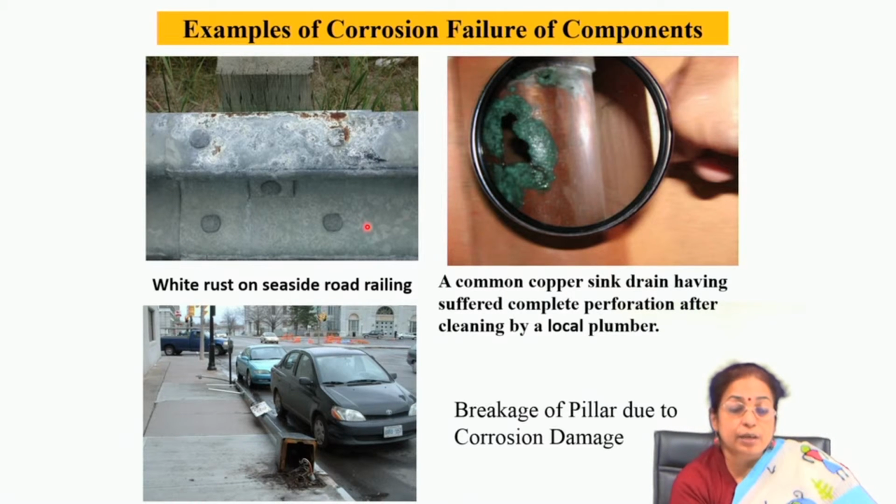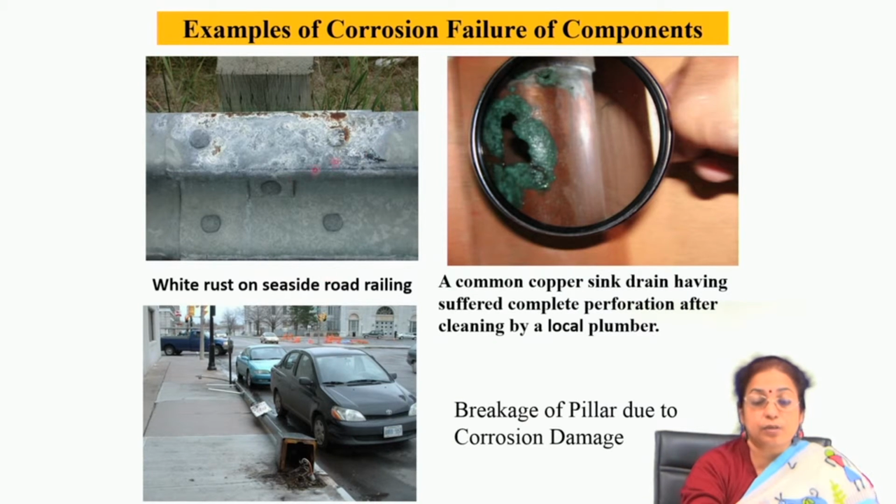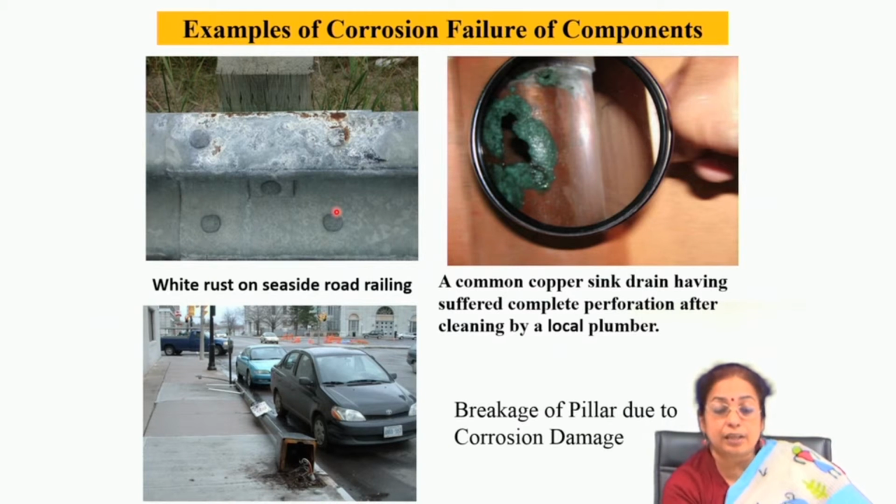Usually what happens is that whenever you expose it to a severe chloride containing environment, there is white rust formation, and that white rust also gets removed from the surface. So, even though zinc protects the surface by sacrificial action, there is still corrosion on the surface of the underneath iron, underneath mild steel.